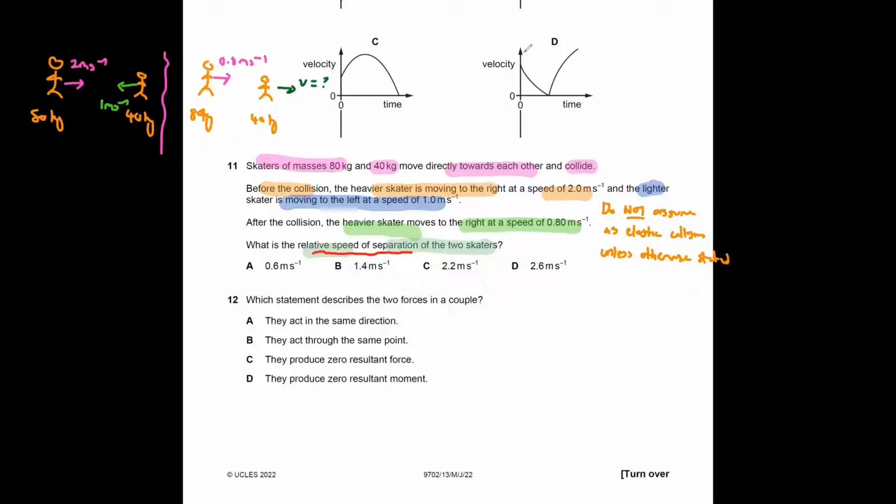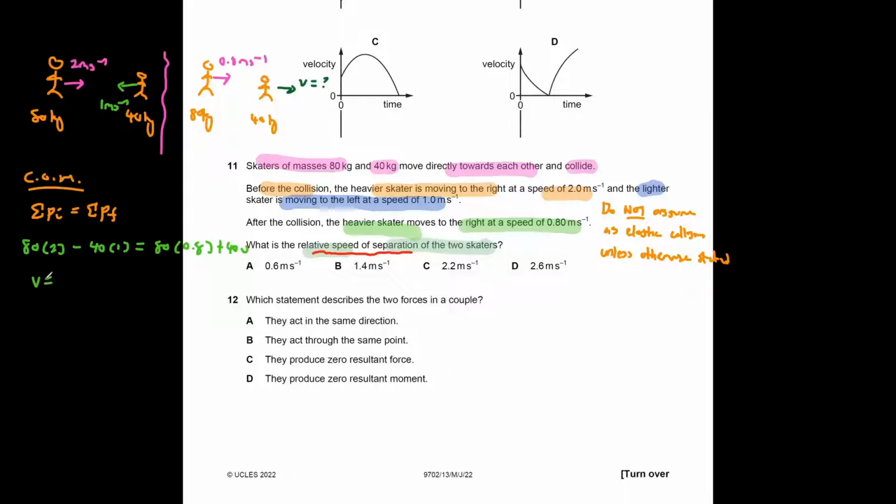So here, if you apply conservation of momentum, where the sum of the initial momentum before collision equals the sum of the final momentum after collision, you get 80 times 2 minus 40 times 1 equals 80 times 0.8 plus 40V.